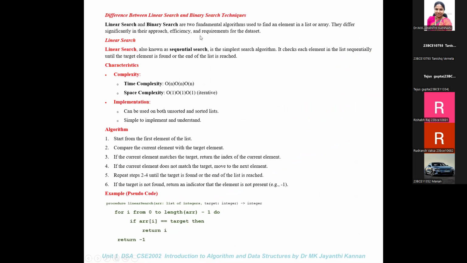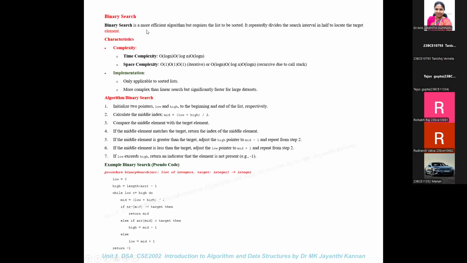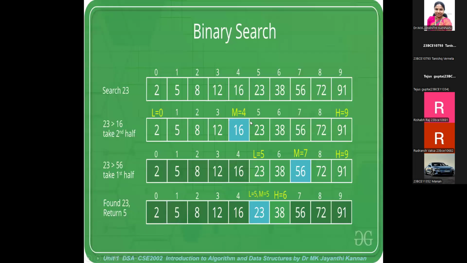Then we discussed what linear search is, its definition, the time complexity, space complexity, algorithmic steps, and pseudocode. The difference between both, and binary search definition, time complexity and space complexity, algorithmic steps, and the pseudocode. And using an example, how we perform binary search: we find the mid element, compare with the searching element, then discard the first half or second half.